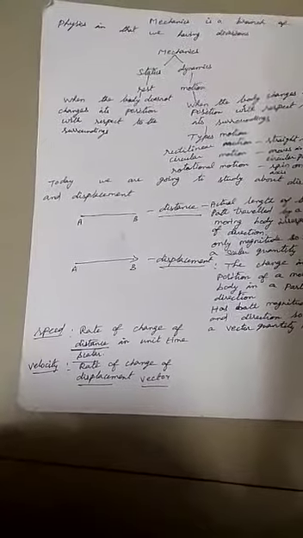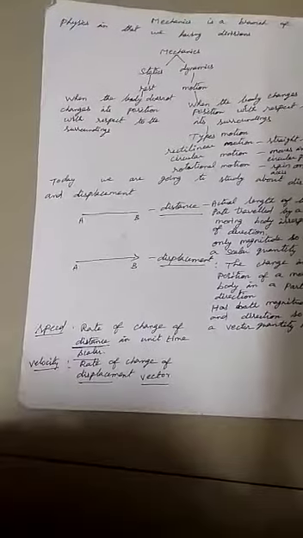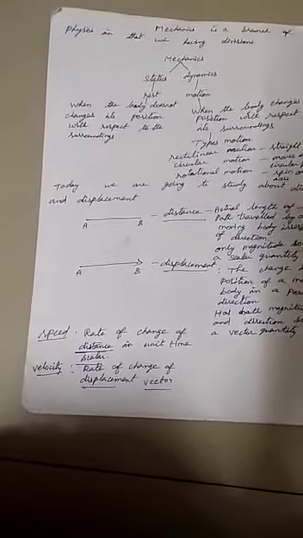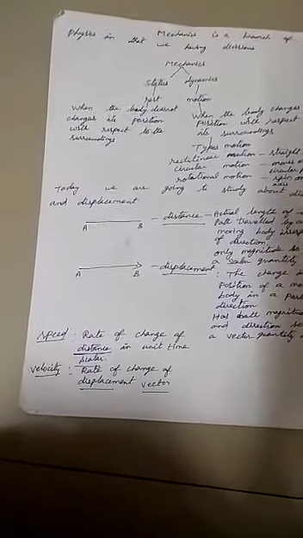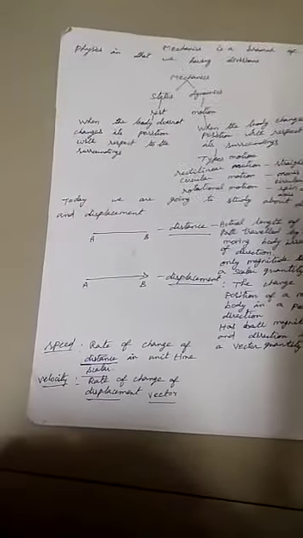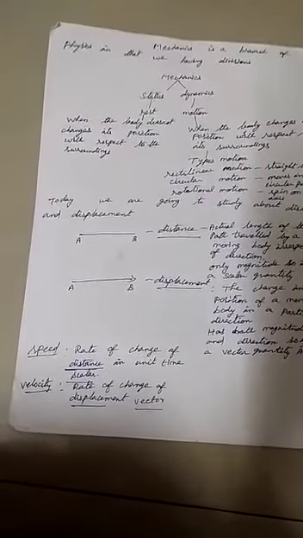If you are mentioning in which direction the body is moving, then that's called displacement. So displacement has both magnitude and direction. So, displacement is a vector quantity. The quantity which has both magnitude and direction, then we call that a vector quantity.